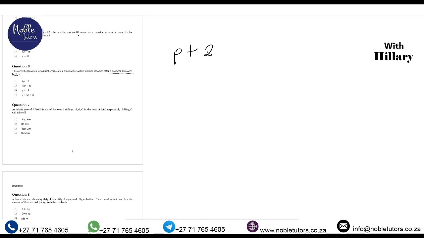So if we increase P by 2, then we come back here and ask, what are they saying in terms of 7 times as big as the number? So the number that we are looking for is 7 times as big as this number here. So we now say this number multiplied by 7.